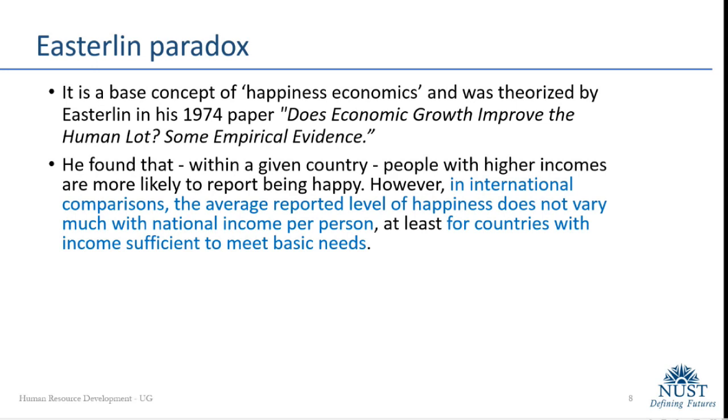But after reaching a certain level, which is what they call basic needs, if the average level of income is sufficient to satisfy basic needs, after that level there is only a very marginal increase in happiness when you further increase the level of income.